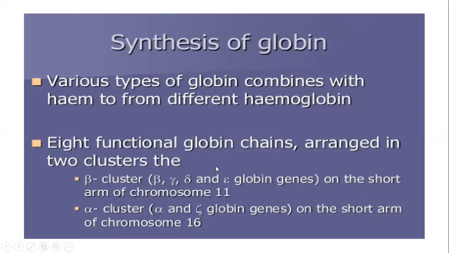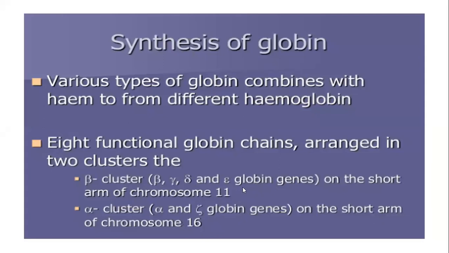And these chains are either the beta cluster or the alpha cluster. The beta cluster of globin chains that can be formed is either a gamma, delta, and an epsilon globin gene. Meanwhile, the alpha cluster is an alpha and a zeta globin gene.